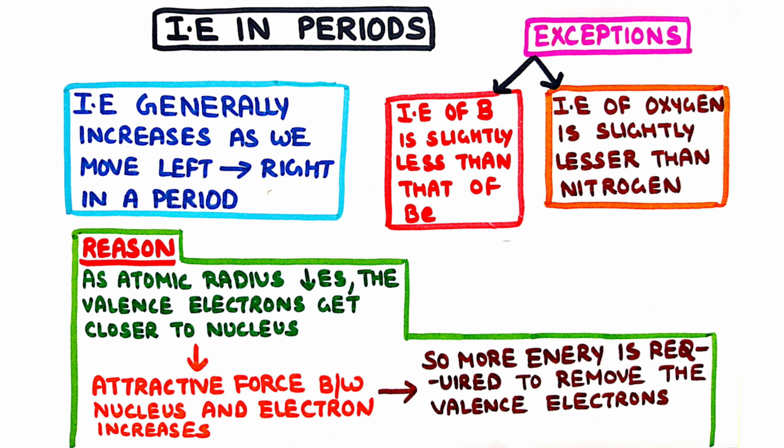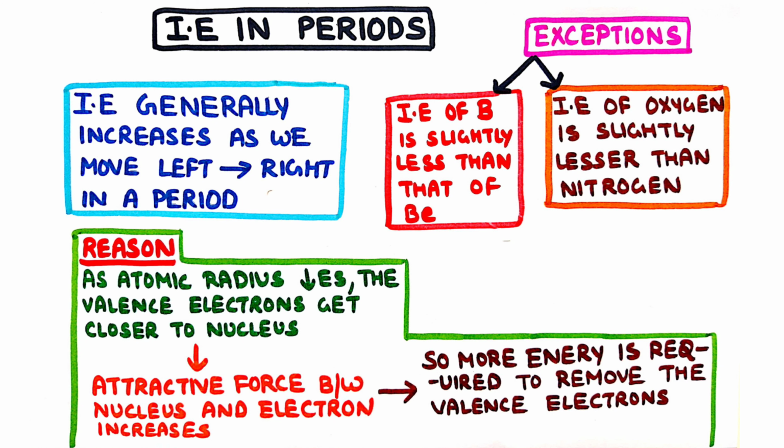Now let's see the trend of ionization enthalpy in periods. So ionization enthalpy generally increases as we move from left to right in a period. What is the reason for this? So as the atomic radius decreases, the valence electrons get closer to the nucleus.